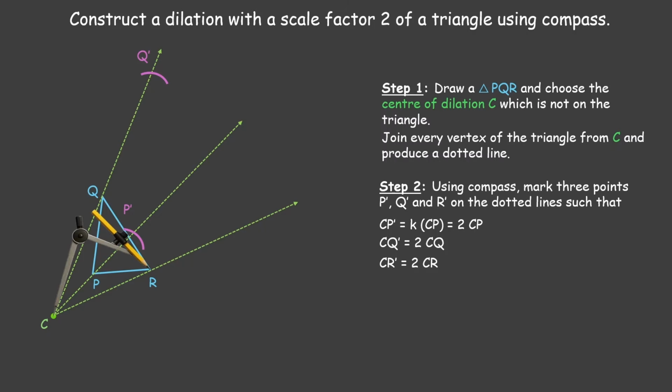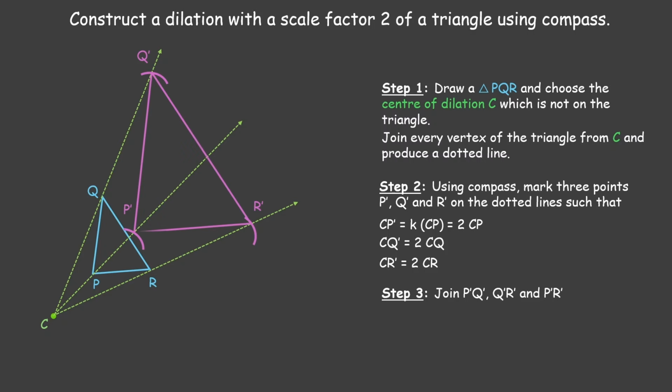Keep the needle over here, compass over here, measure it and make an arc and call it R dash. Lastly, we'll join P dash Q dash, Q dash R dash and R dash P dash. Over here, this new triangle P dash Q dash R dash is similar to the original triangle PQR.